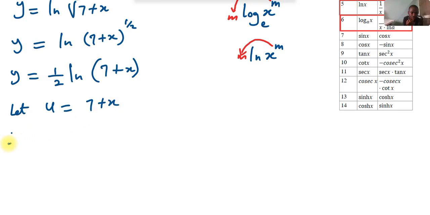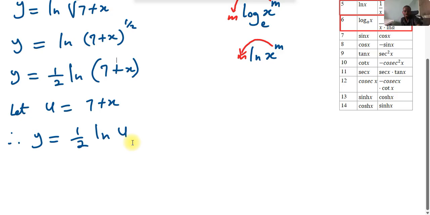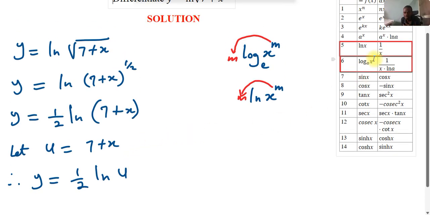By doing that, I can write y to be equal to half ln u. If you look at the table again, you notice that the one that is suitable for us here is item number 5.